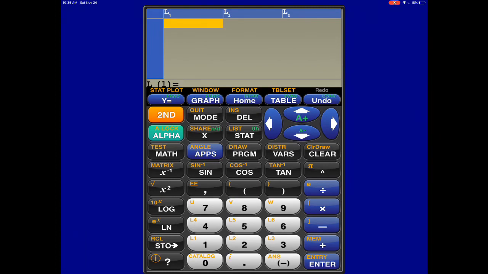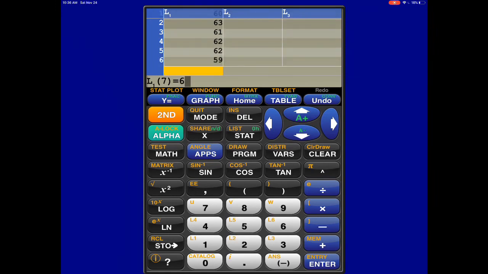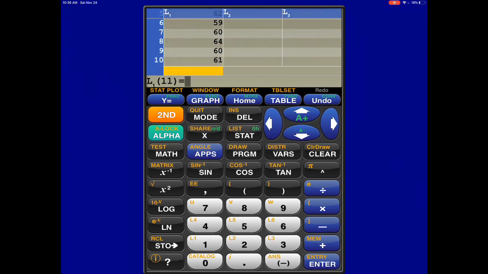And you know this because it doesn't say like jockey height versus jockey weight or something. All right, so the jockey heights in inches were, I think, 60, 63. All right, cool, cool. So we got our list.